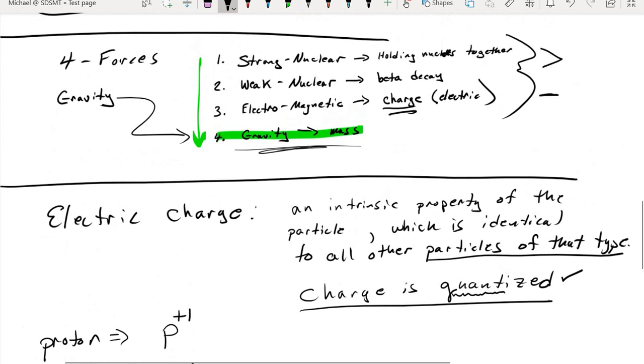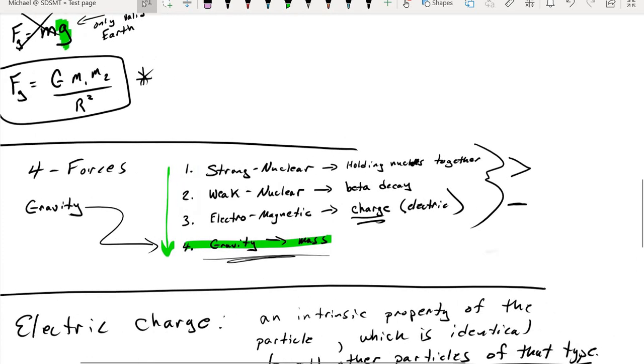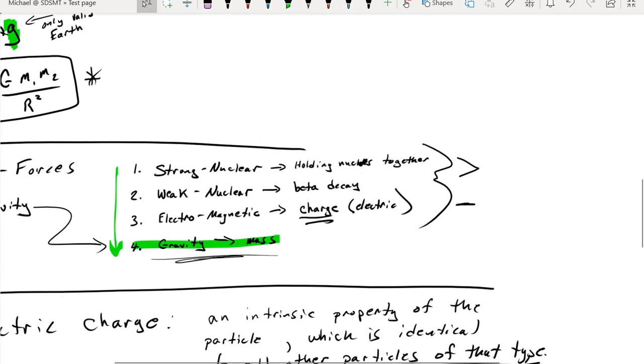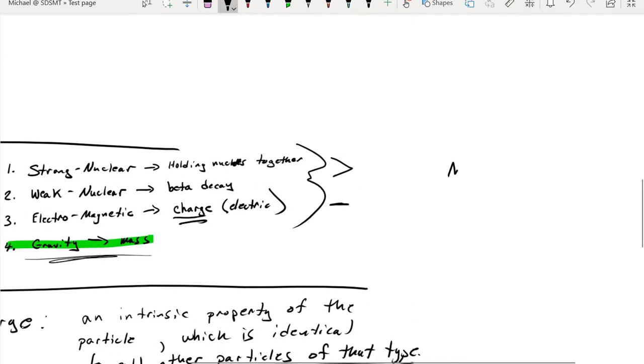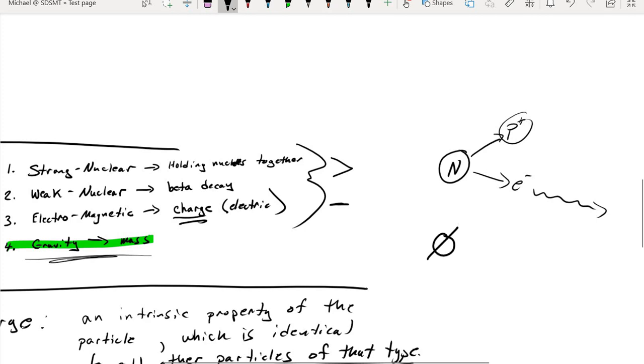And just in case you were wondering, when we were talking about the beta decay phenomenon, where we said a neutron inside of the nucleus will break up to form a proton and an electron, well, that neutron had 0 electric charge, and all of a sudden it broke itself up to produce a proton which has a positive 1 charge and an electron which has a negative 1 charge.